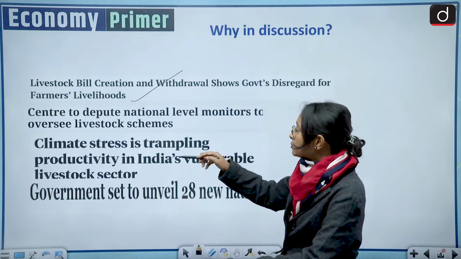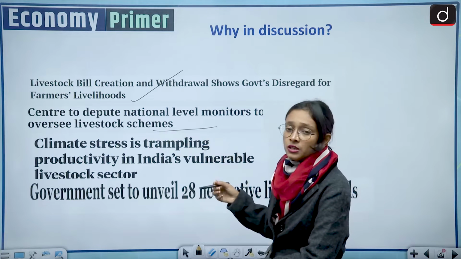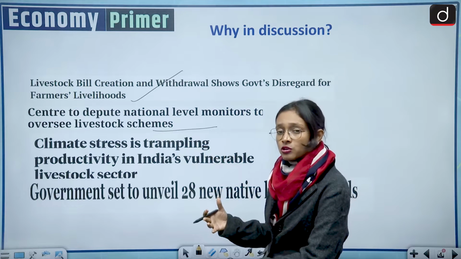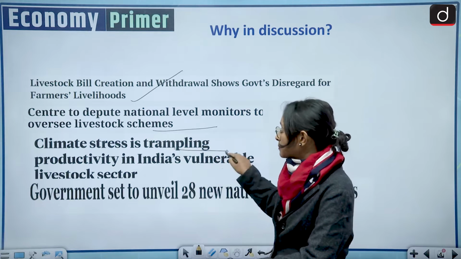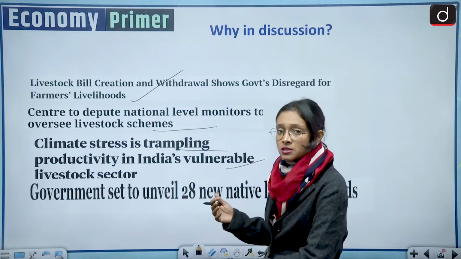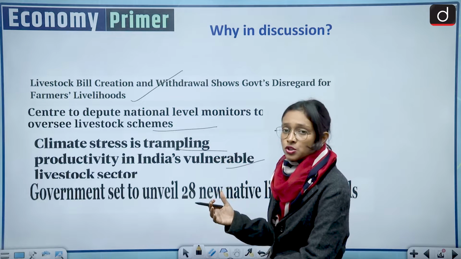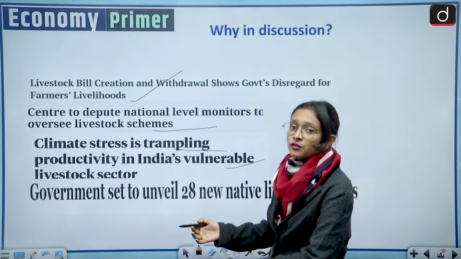Then, Centre to depute national level monitor to oversee the livestock schemes. So we have different livestock schemes in our country, and the Centre is paying attention to that. Climate stress is trampling productivity in India's vulnerable livestock sector. So how climate change is affecting the livestock population and how it is impacting the livelihood of the different livestock.